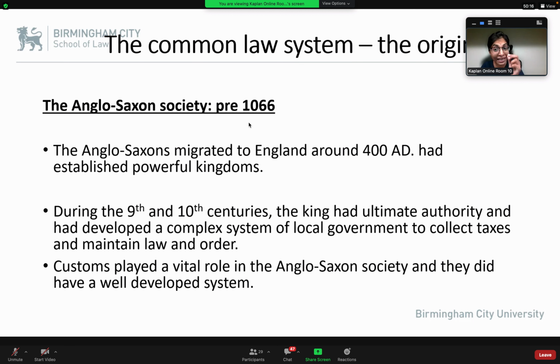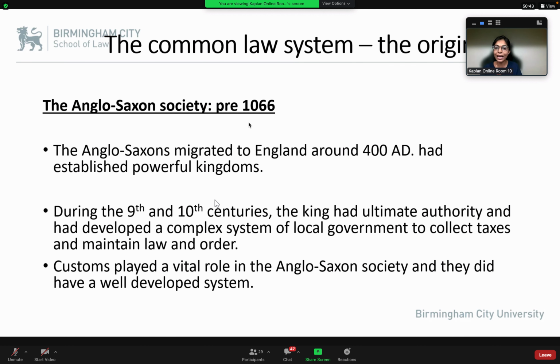Hindus in Bali, their customary practices are different. But they all pray to the same God. But the way they pray is very different. So that is how custom is different from religion. So it's the society's rules, like what Prem has suggested here. So the Anglo-Saxon society is governed by the customary practices mainly.